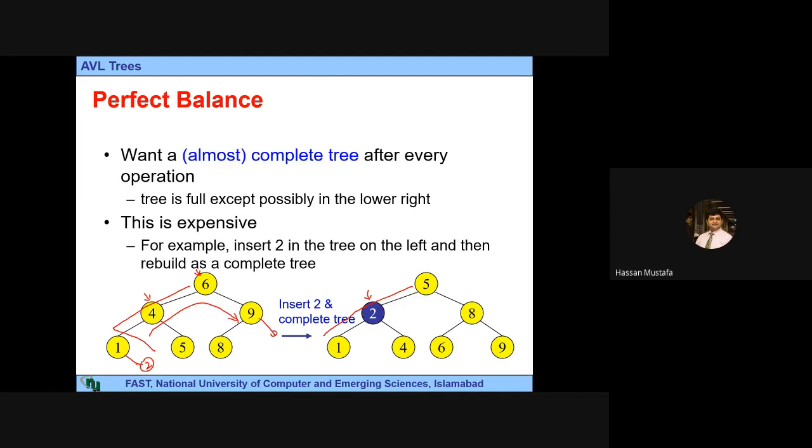And if I try to keep this complete or perfect balance, then definitely these adjustments would be a lot in number. Having just a balanced tree, where we allow a difference of one between the heights of left and right subtree, would reduce the number of adjustments.